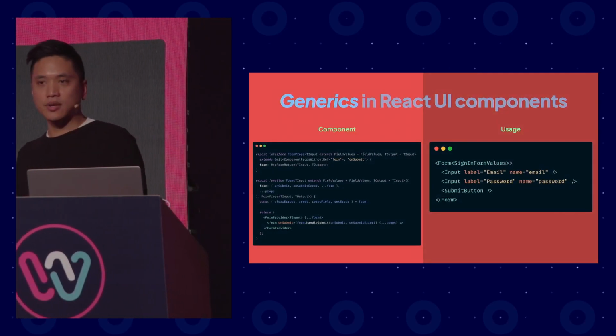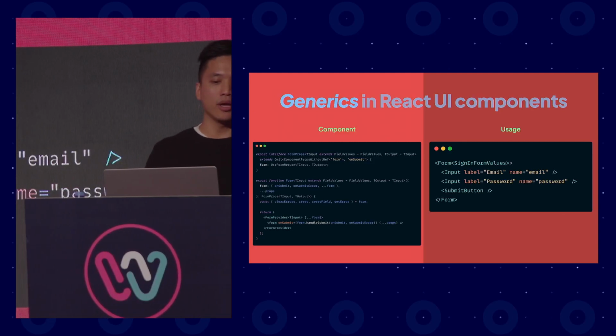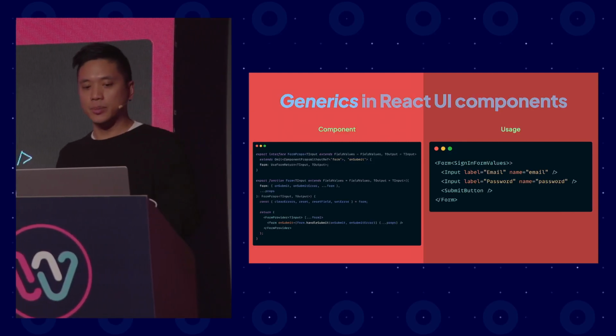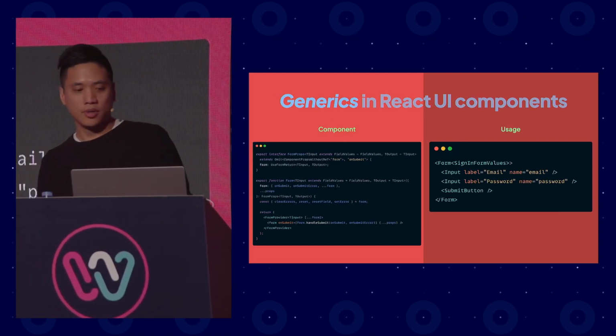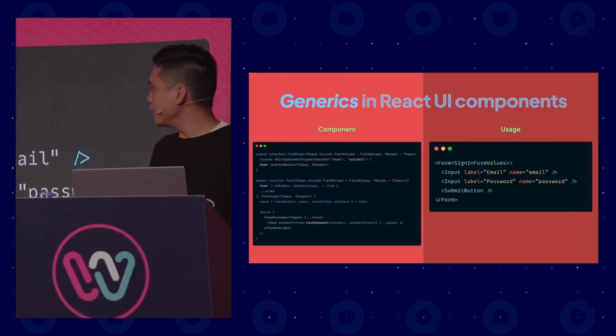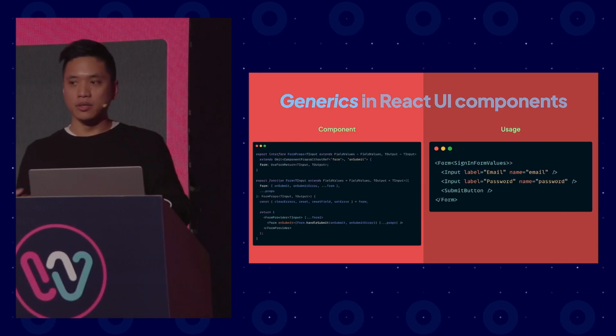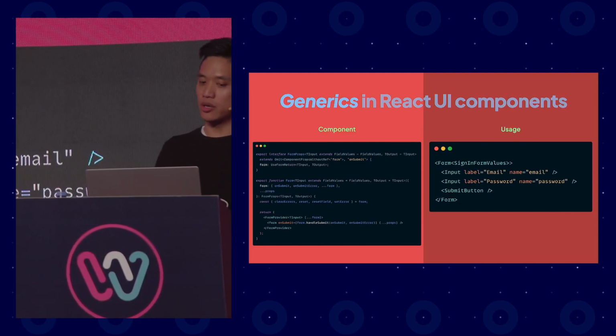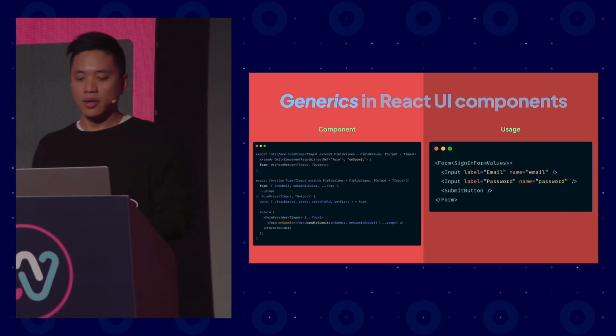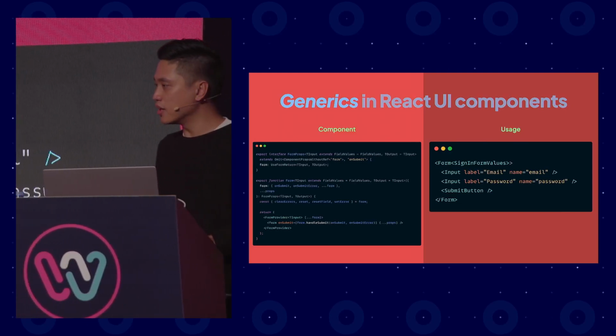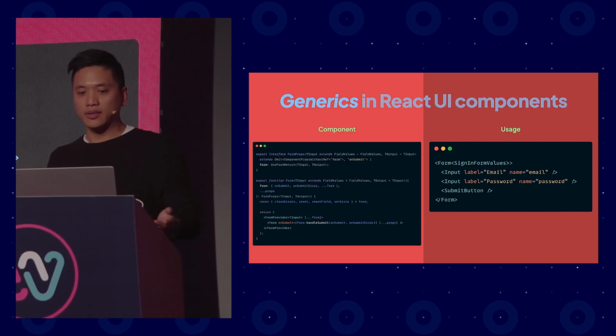Generics in React components are a way of specifying the types of props that a component can accept. They are a great way to get better type safety and type checking in the code, which can help prevent errors and ensure that the component is used correctly.